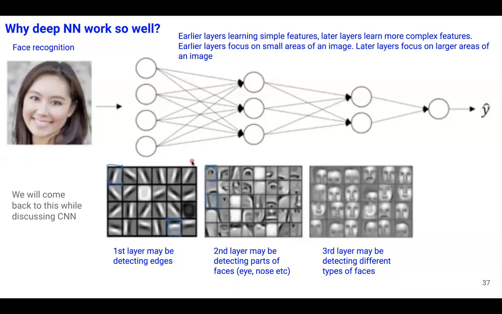So this is a general idea that whatever problem you have in hand, the problem will have some simple features and then other features with more and more complex things in it. First it will learn the simple things, and then it will learn more complex things. That is why if you have more and more layers, it will be able to extract the more complex features from your data set. If you stop at the second layer, then it might not be able to learn all the complexities that your data brings in.